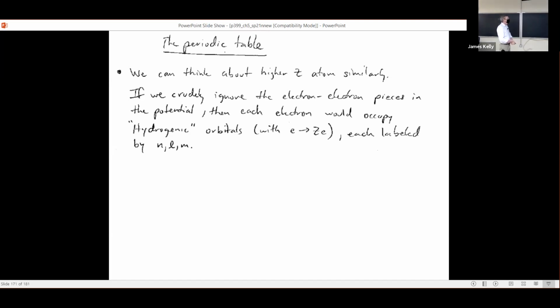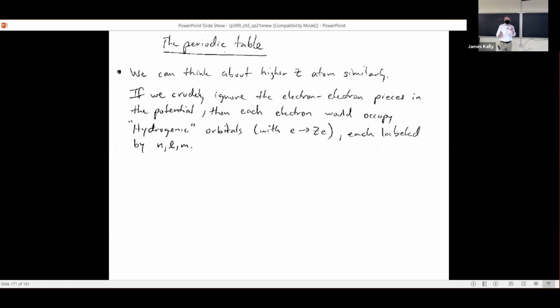Okay, so the idea is we're going to imagine if we have carbon, that's Z equals 6, that's got 6 protons and 6 electrons in a neutral atom. We're just going to pretend that all 6 of those electrons are in hydrogen-style orbits.